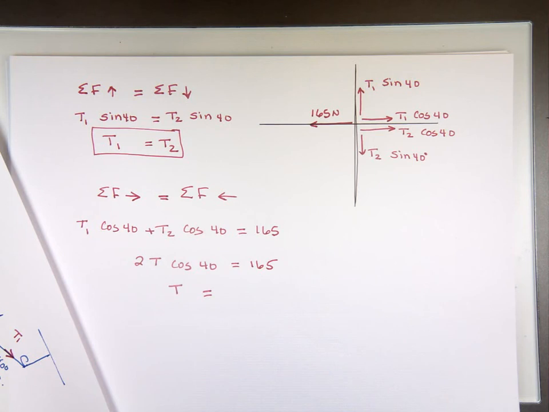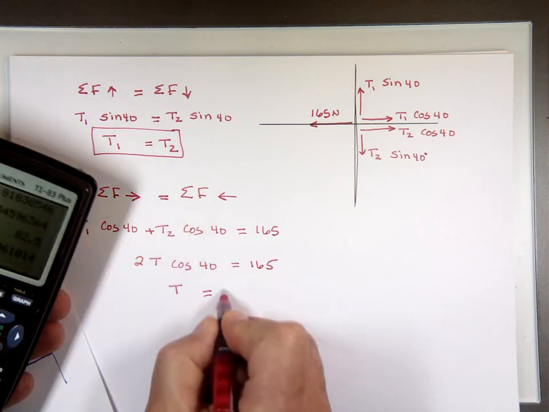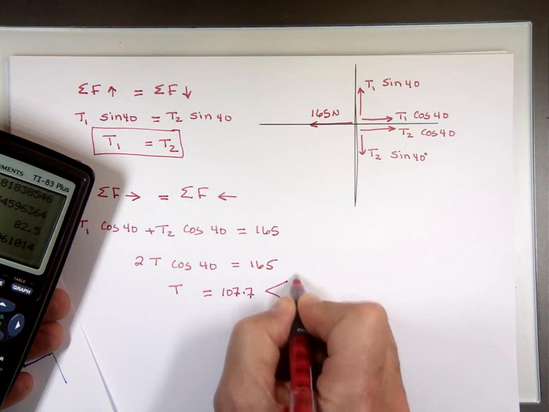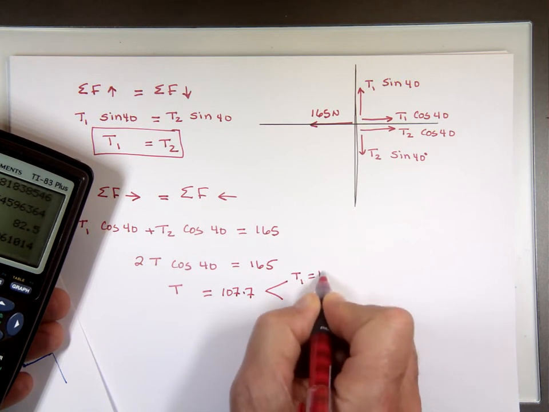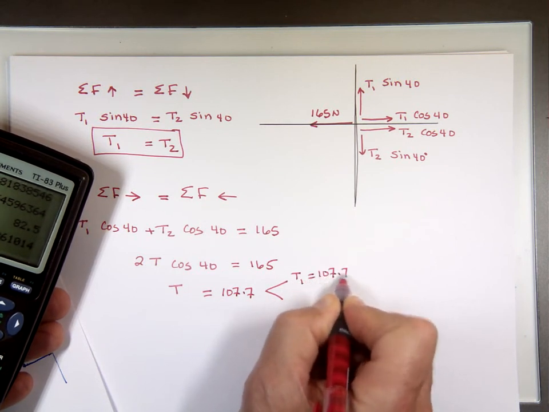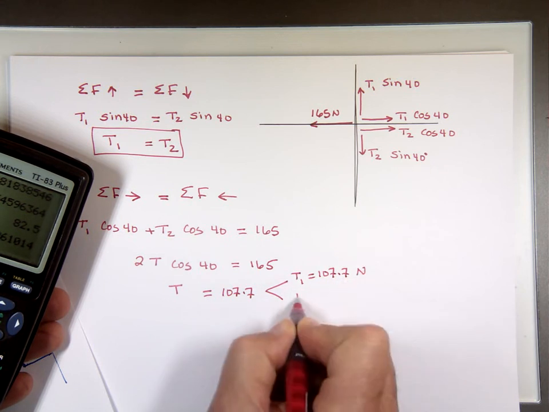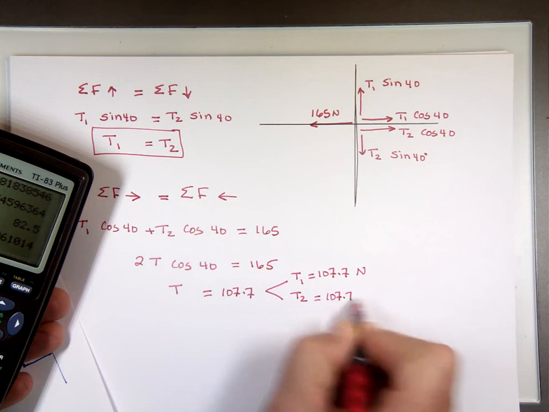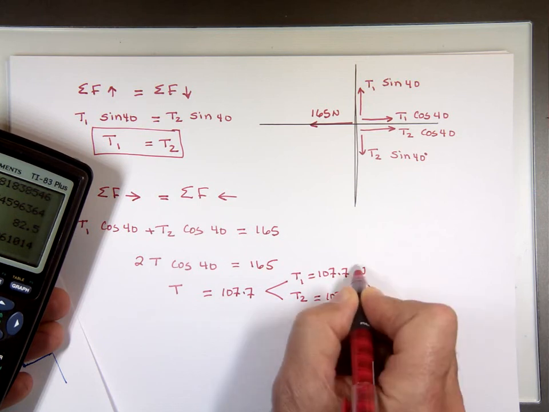I get 107.7. So T1 and T2 both equal 107.7 Newton. That's the unit.